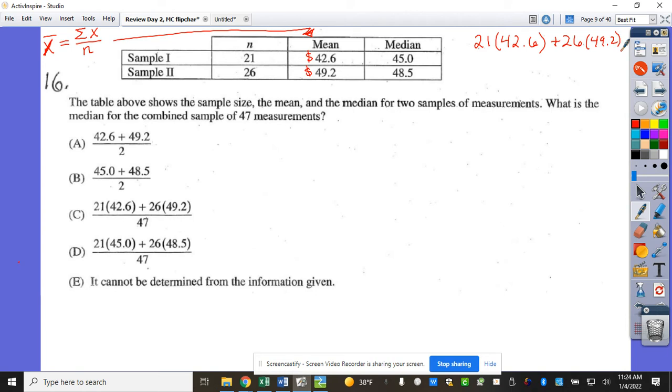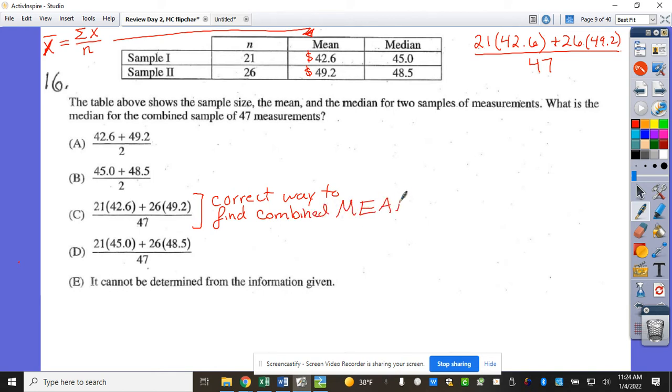And then if I want to split it equally among all of them, I now divide that by what? So this is the correct way to find the combined mean, but we cannot find the new combined median because we don't have an equation to go through to get there.